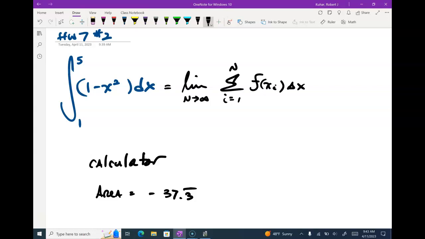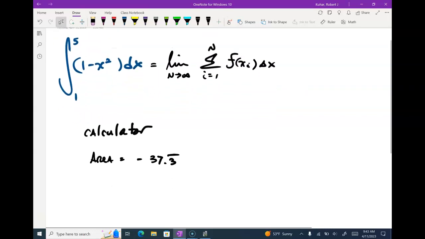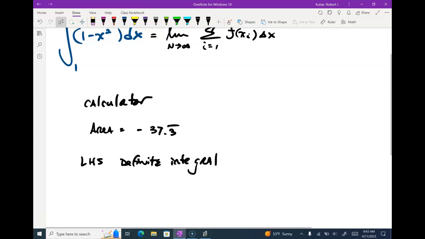So that's easy. Every time I ask you to do a definite integral, make sure you check it on the calculator. Now we do our left-hand side, our definite integral. And if you remember, I'm doing step 1.